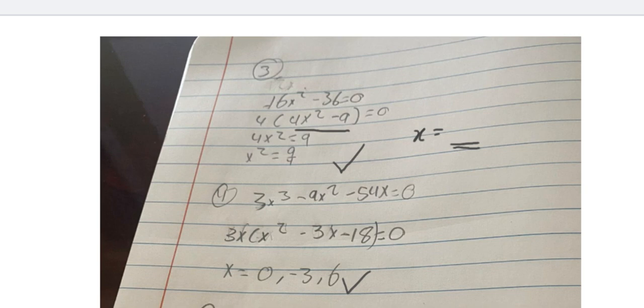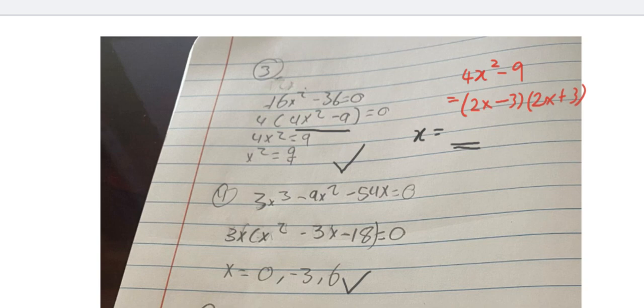Another way to answer this is, if you have 4x squared minus 9, you can factor it as 2x minus 3 times 2x plus 3, right? By the difference of squares. If you recall the formula, you have 2x minus 3 and 2x plus 3, and when they multiply out, you will get 4x squared minus 9.